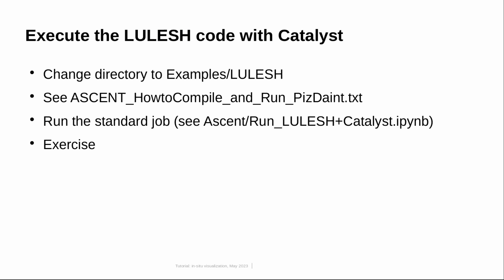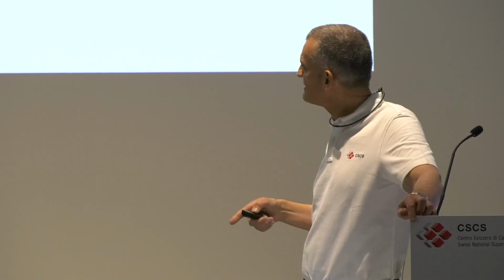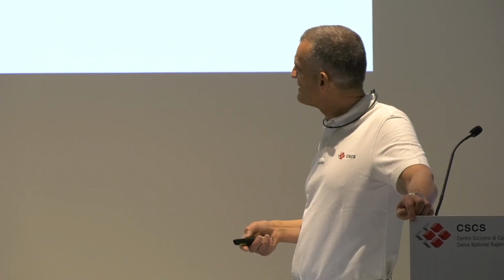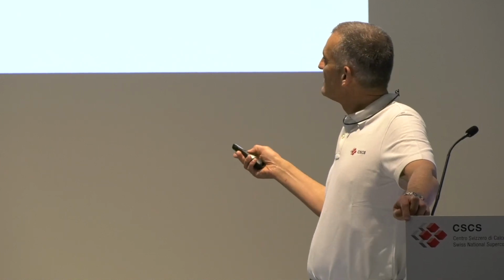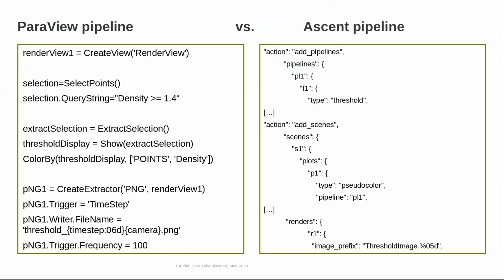I lost a number of data yesterday in my PowerPoint. Then I had to redo things. I had corrected those things. Never mind. So let's do the exercise. And then we'll look at the differences. Here's the ParaView pipeline for reading my data, creating a view, selecting the points where the density is greater than 1.4. This would be the ParaView syntax for it.